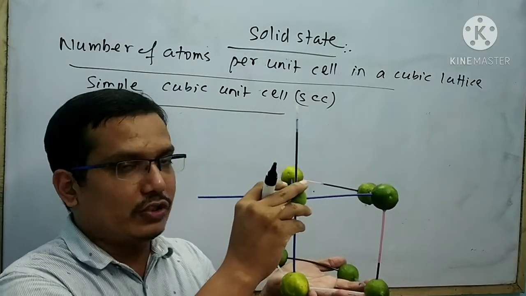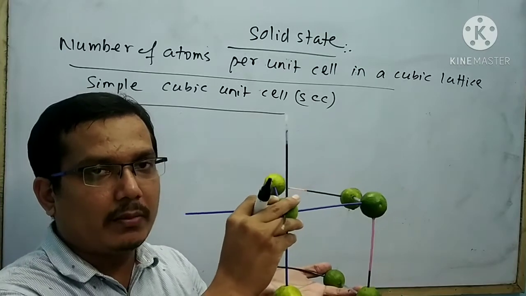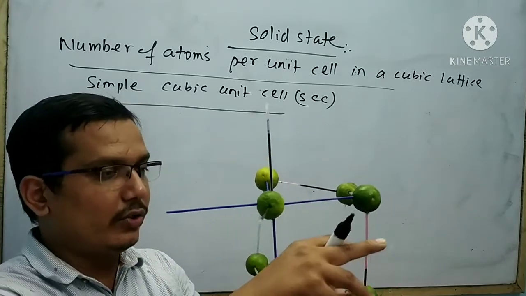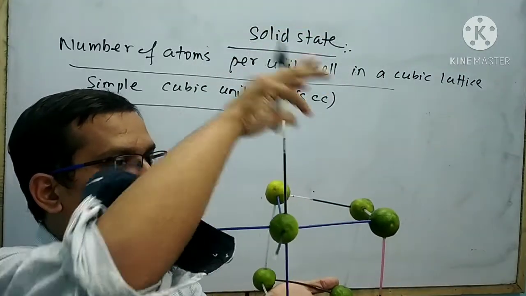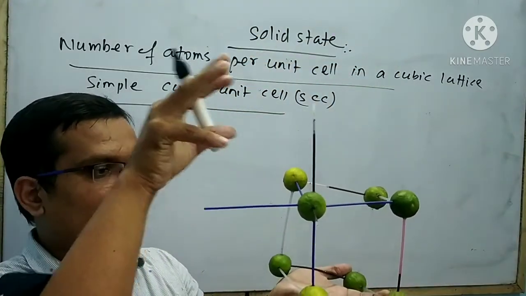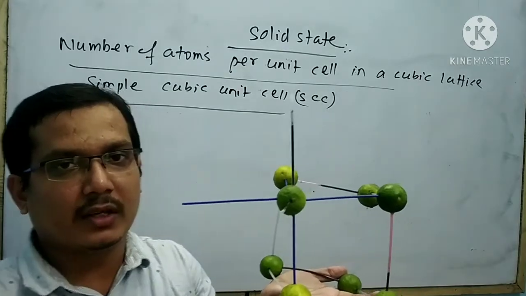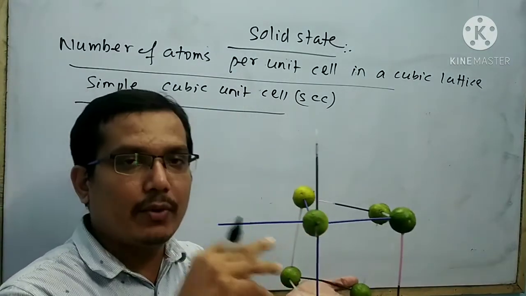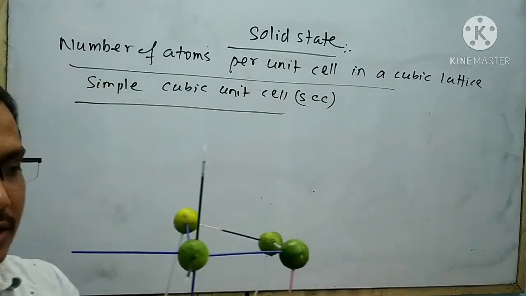By this constituent particle present at the corner, we can form 8 unit cells. This is number 1 unit cell, 2, 3, 4, 5, 6, 7, 8. That means by this constituent particle, we can form 8 unit cells.